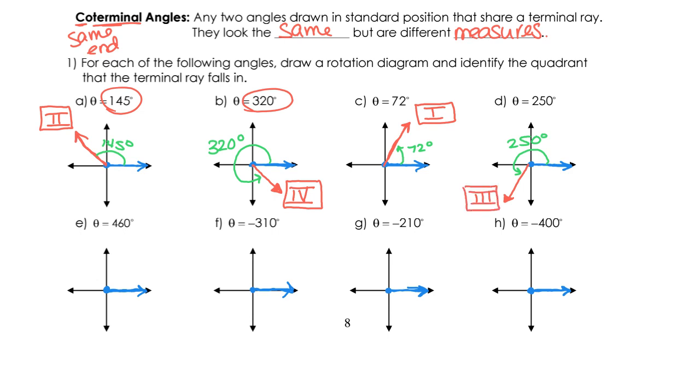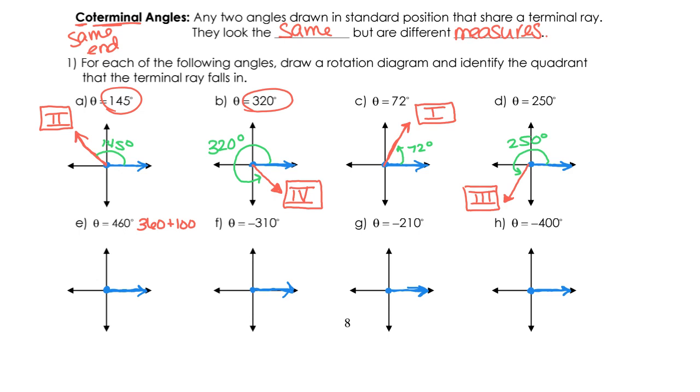Okay. Next up, part E. This one's a little bit on the tricky side. So 460, you have to realize, is more than 360. It's 360 degrees plus another 100 degrees. And so what happened is that my angle went all the way around and 100 degrees more. All right.